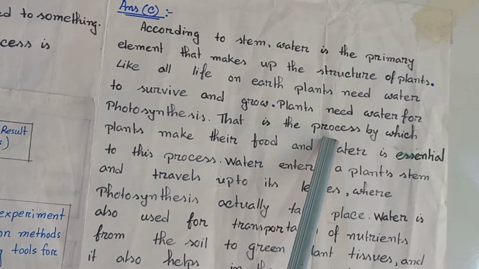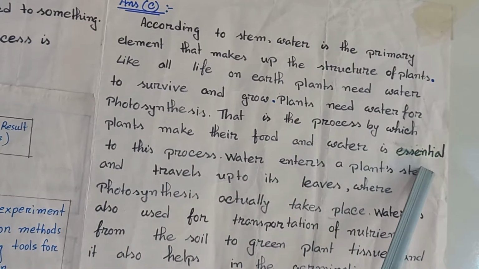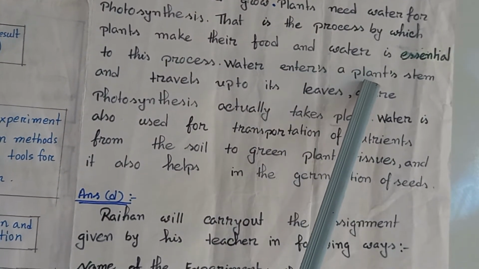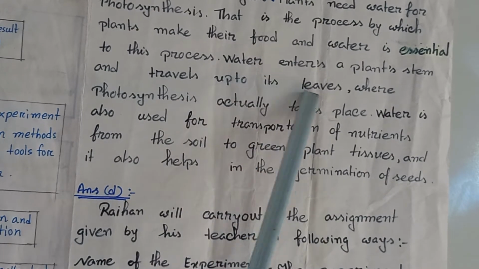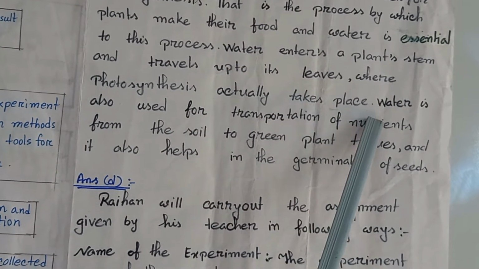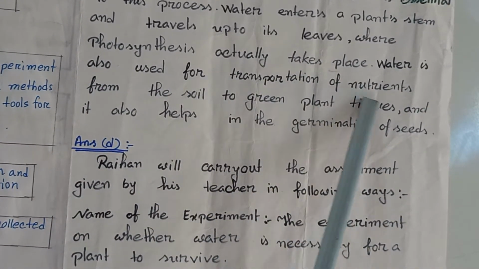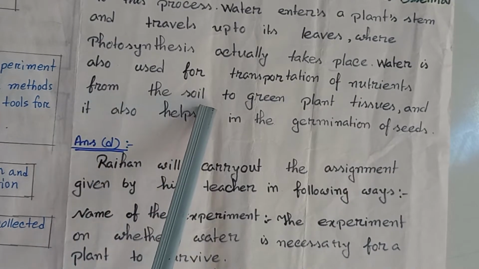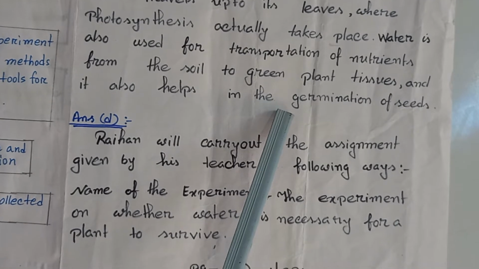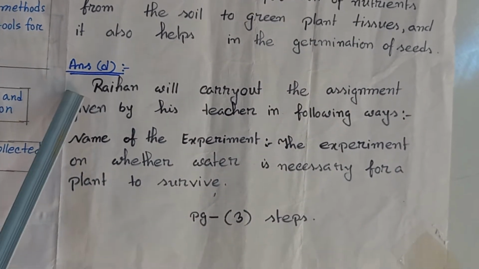That is the process by which plants make their food, and water is essential to this process. Water enters a plant stem and travels up to its leaves, where photosynthesis actually takes place. Water is also used for transportation of nutrients from the soil to green plants' tissues, and it also helps in the germination of seeds.